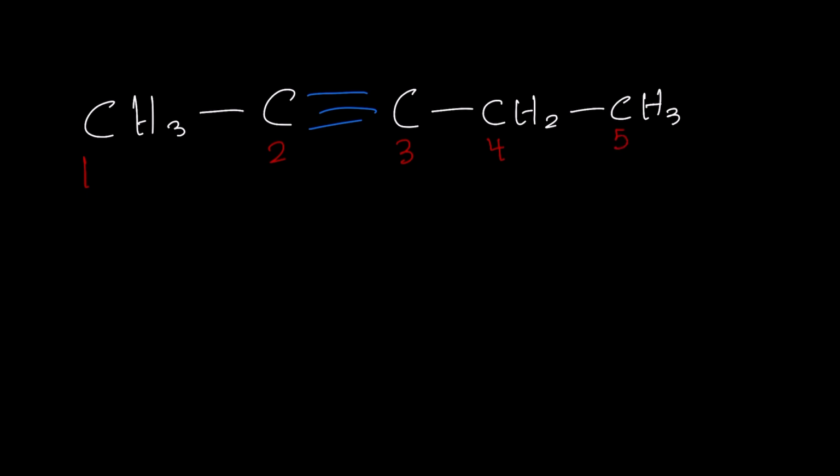The triple bond is in between carbon number 2 and carbon number 3. However, we're going to go with carbon number 2 because it's lower. So it's going to be 2, and then we have 5 carbons, which would be pent, and then the yne suffix would come after. So 2-pentyne.